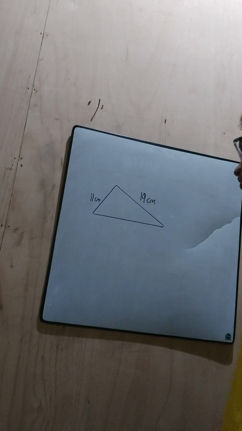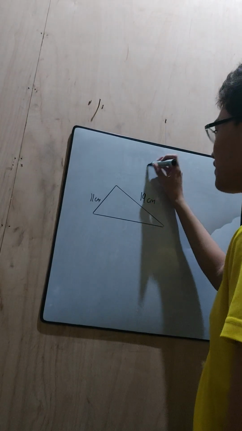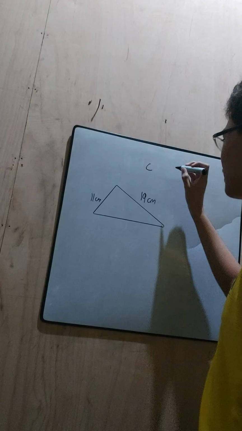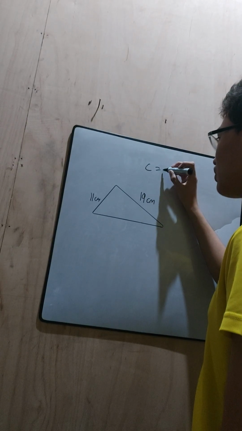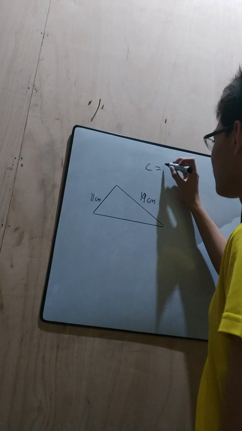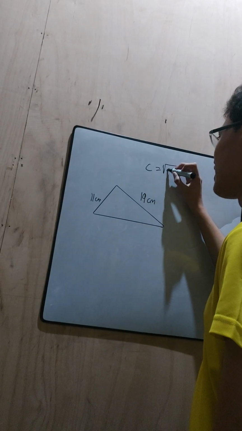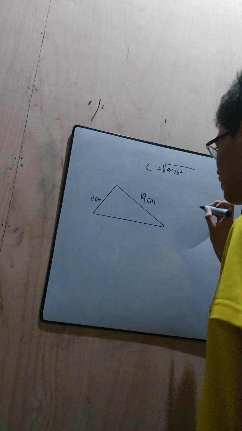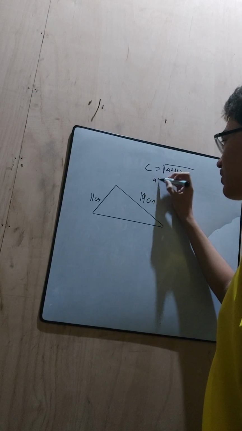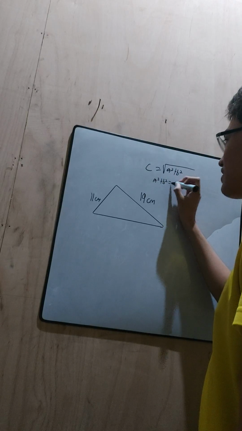It's the Pythagorean theorem. So, in order to get C, we will have to take the square root of the sum of A squared plus B squared. Or, originally, A squared plus B squared is equal to C squared.